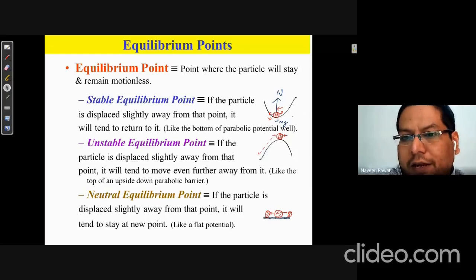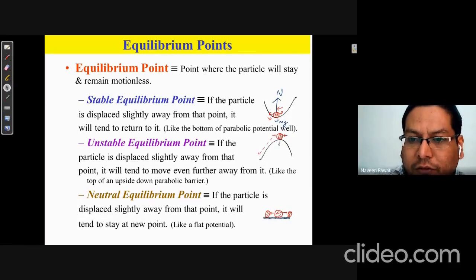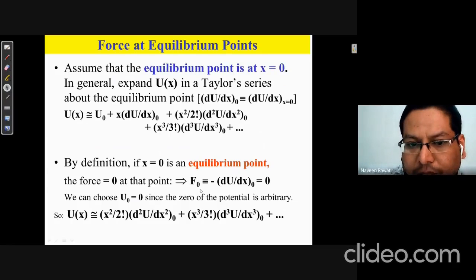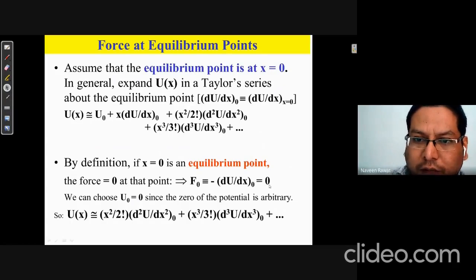So the sum of the forces acting at this equilibrium position is 0. Similarly here, if you have mg acting, there is some normal force acting in this direction, so N minus mg, even for the unstable equilibrium position, is 0. So we can make the argument that the force at this equilibrium position, minus du by dx, will be 0.